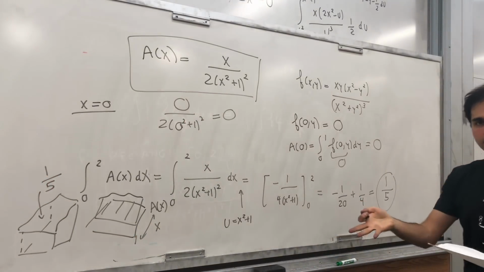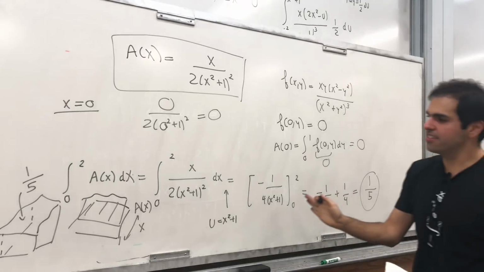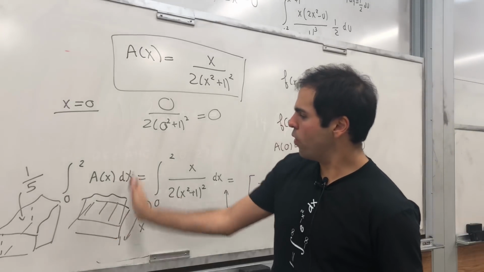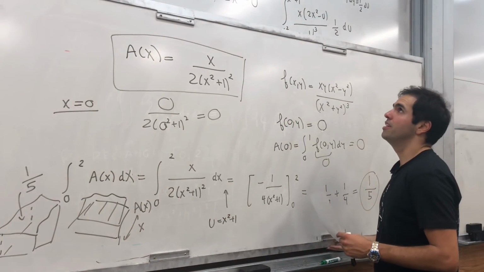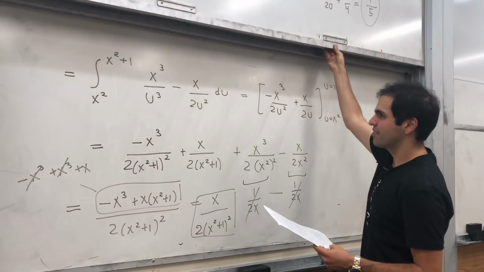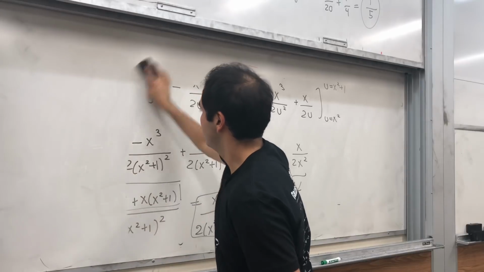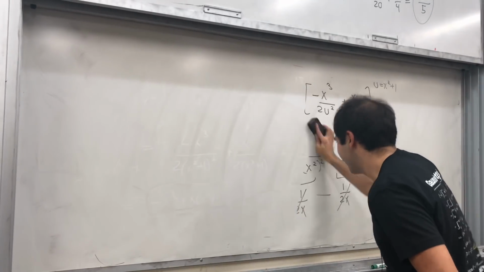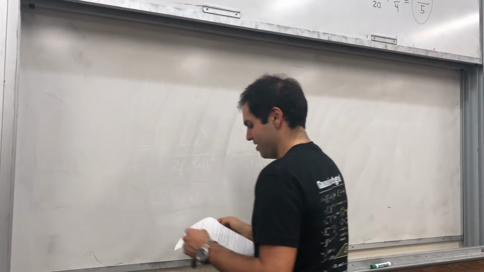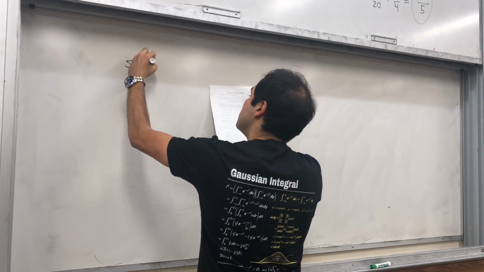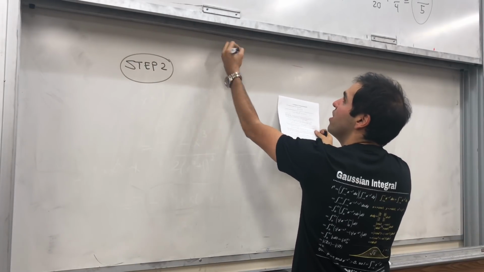And now let's see what happens in the other case. What if we take the slices in the horizontal direction and sum them up? So this should be step 2. In this case, we want to do the other case.